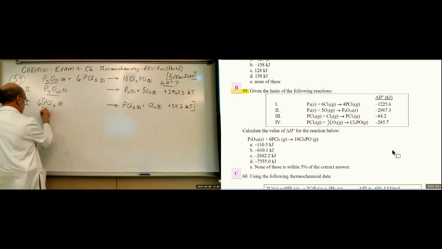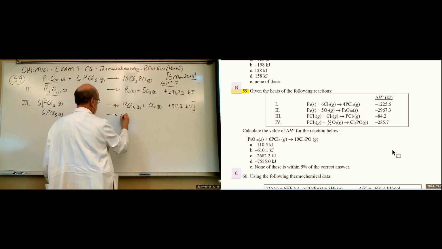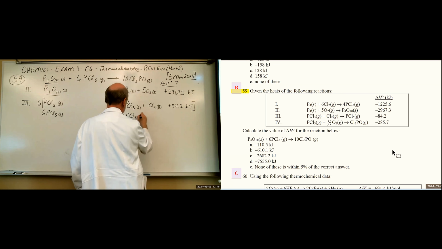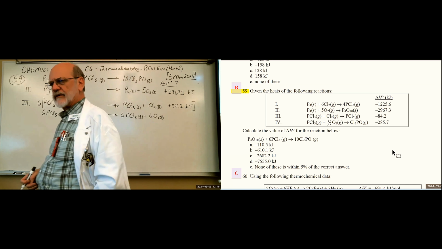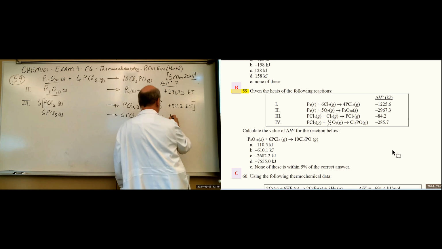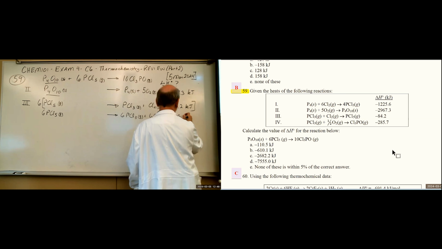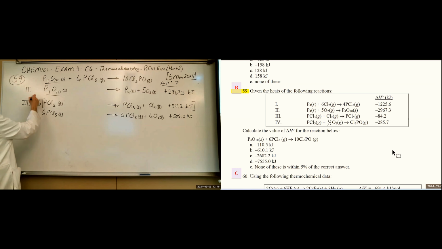So that means we'll have 6 PCl5 equals 6 PCl3 plus 6 Cl2, and then 6 times 84.2, which is 505.2. All right, so far we're using this one and this one.